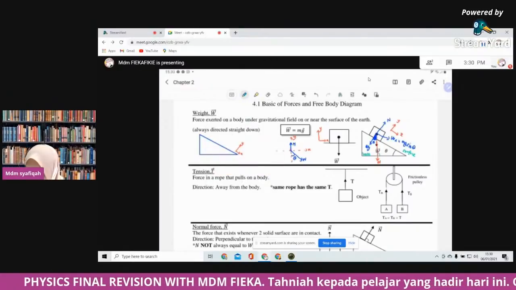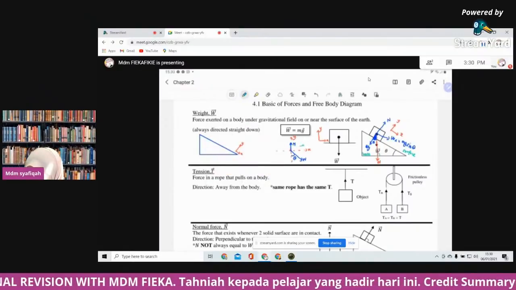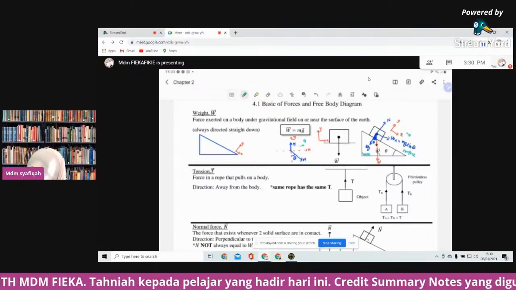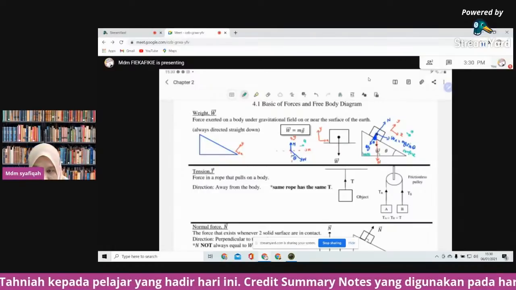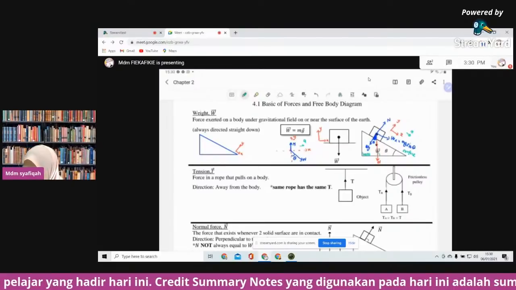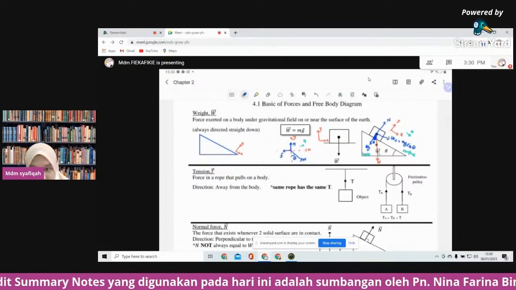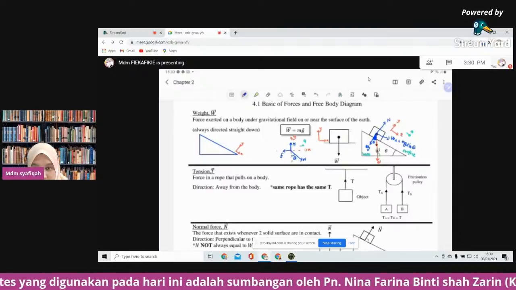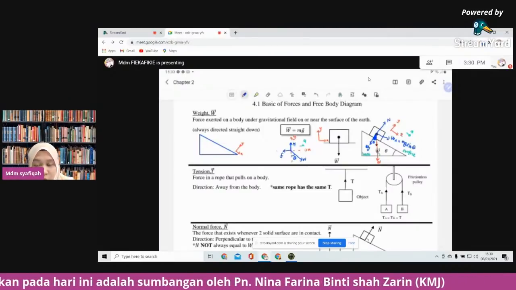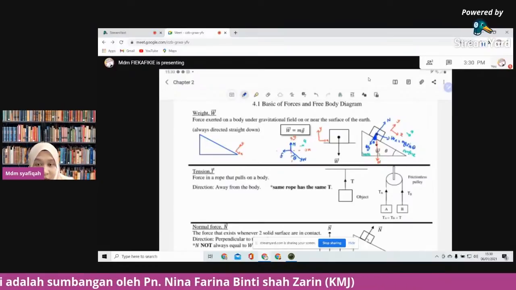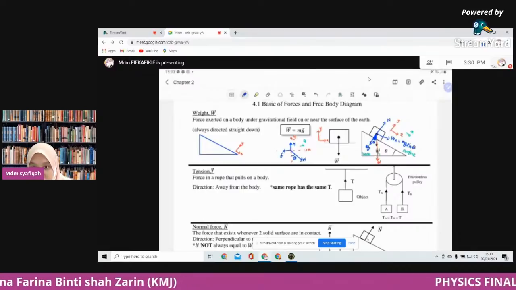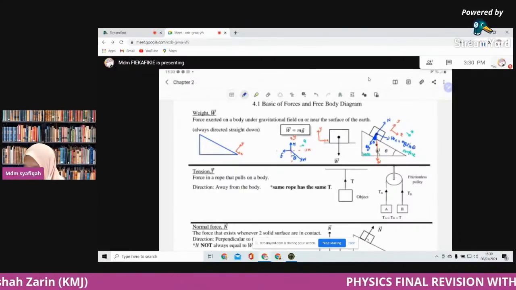Contoh dia bergerak ke bawah, dia sliding down the plane. So the frictional force must be opposite direction. Macam tu. Okay, ni dah complete you punya free body diagram. Mesti ada arrow and you must label all the arrows, and also the X and Y component.